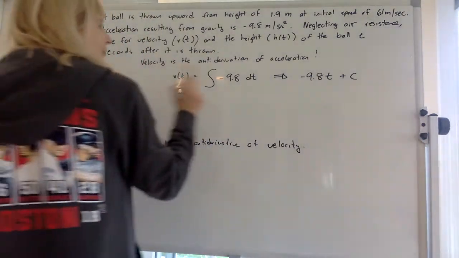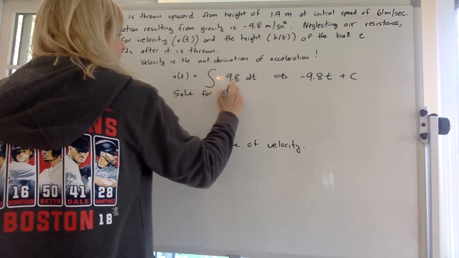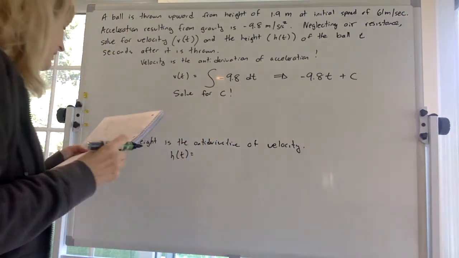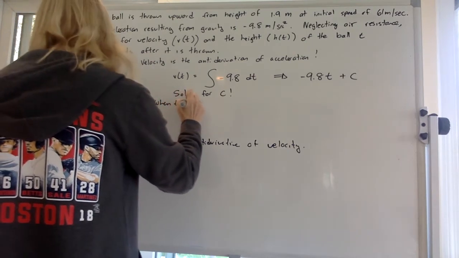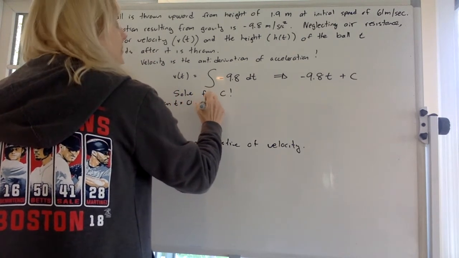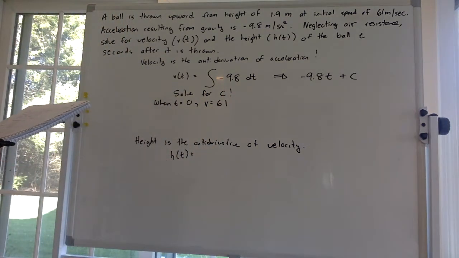Let's solve for c. How do we do that? How do we solve for c? Well, we know when t equals 0, v was equal to 61, right?